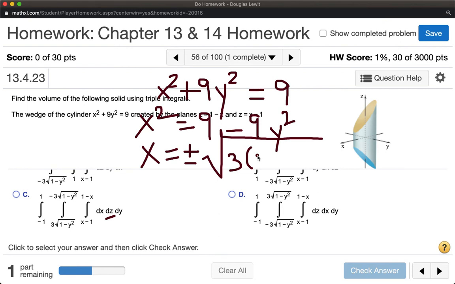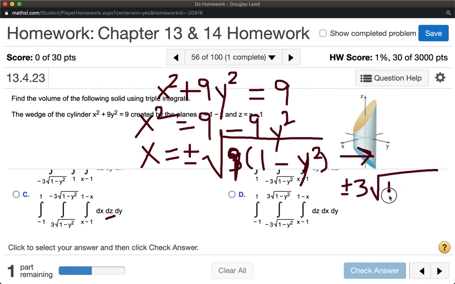I don't like their algebra here, the way they're simplifying this, but I see what they're doing. They're factoring out the 9, and then 1 minus y squared, so that turns into plus or minus 3 square root 1 minus y squared.